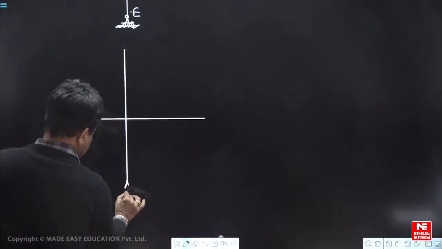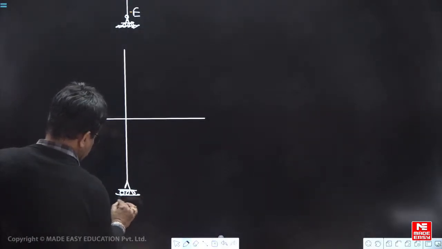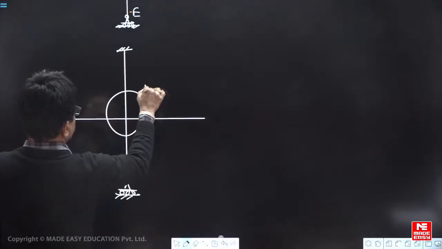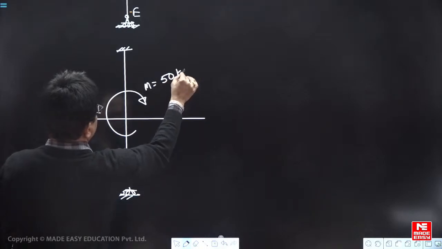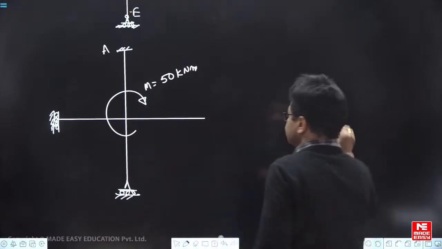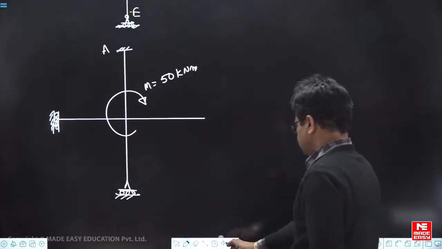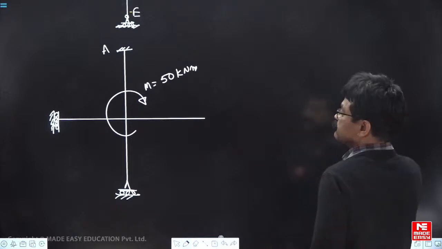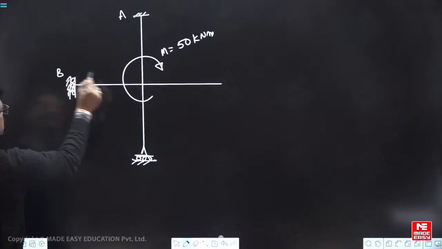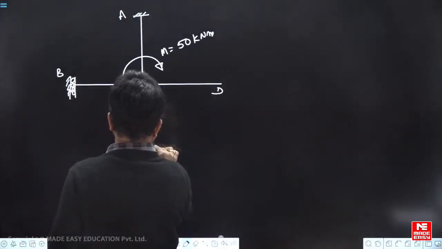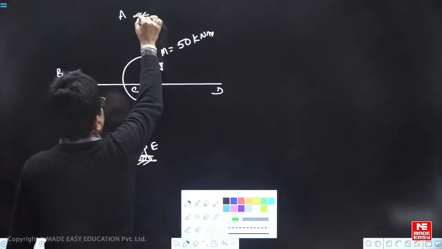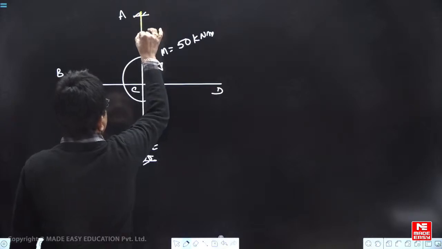This is hinge, roller support simply, fixed, free. I am applying a moment of 50 kilonewton meter. This point say A, B, C, D, E. Now when I rotate it, how the deflection profile will go is like this.